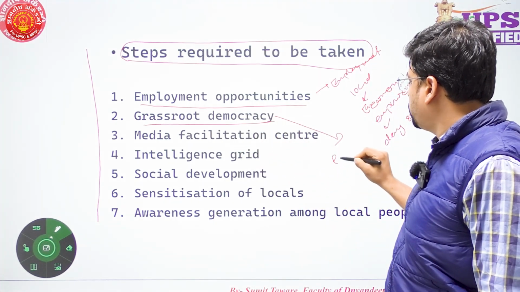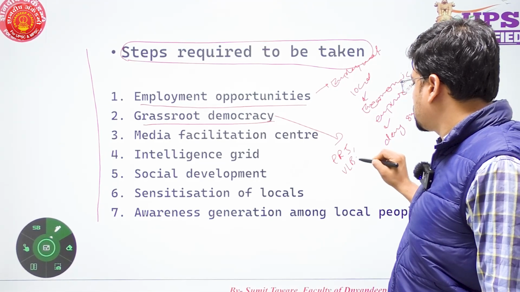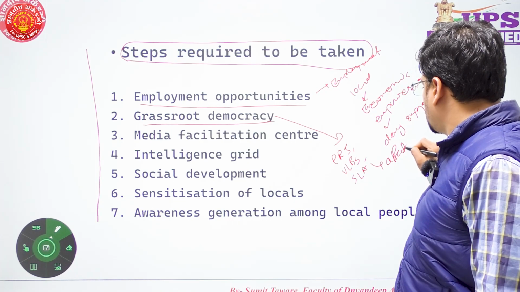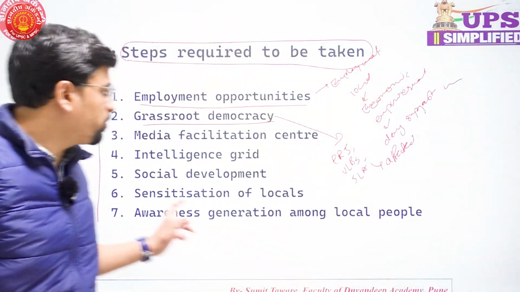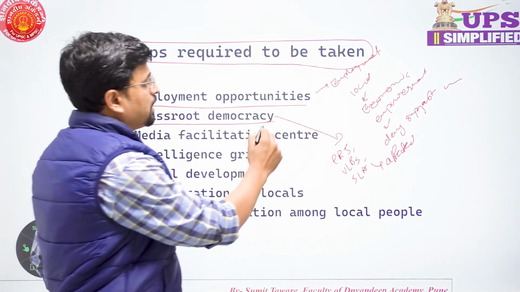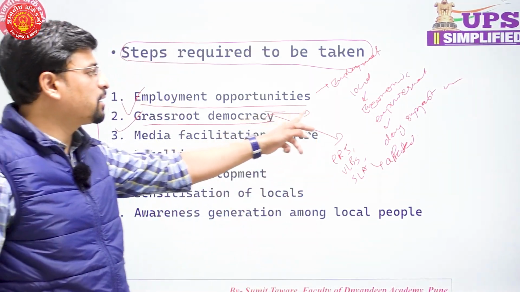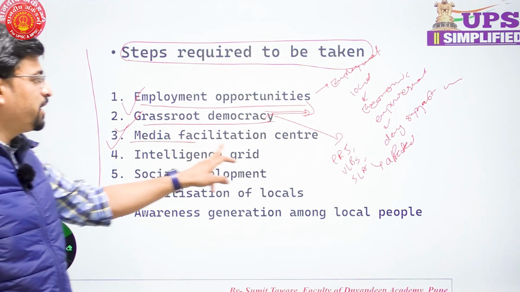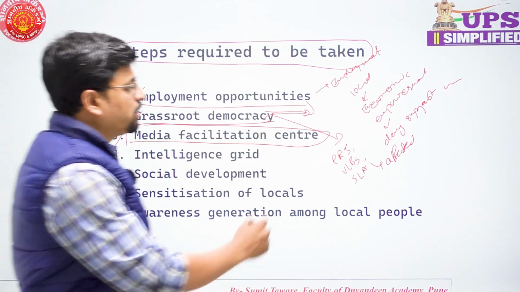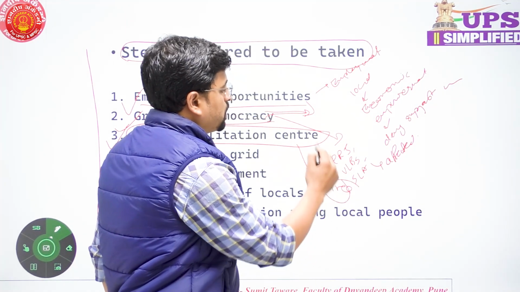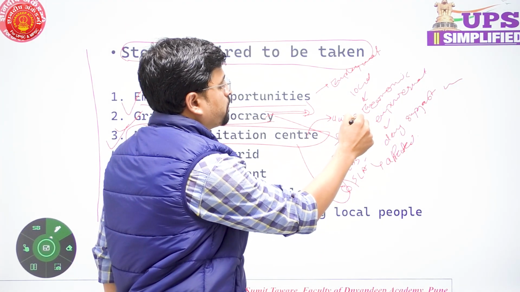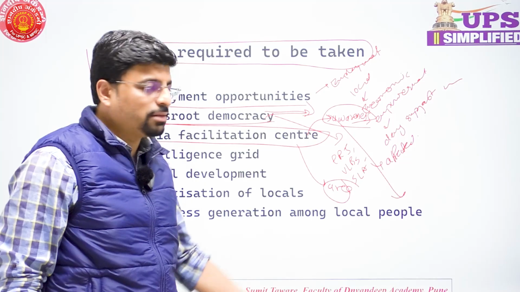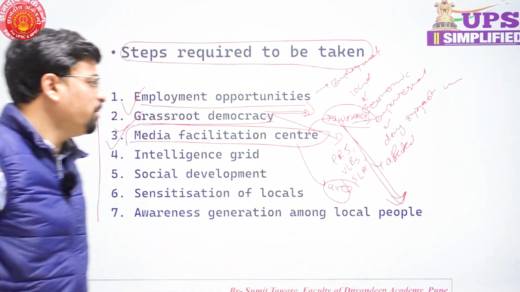Elections of PRIs, ULBs or state legislative assemblies in affected areas can ensure economic and political empowerment of the local people, so that they become aware of their political rights and deny support to militant activities. Then media facilitation centers should be built in those areas, through which we can generate awareness among local people and make them deny support to the militants.